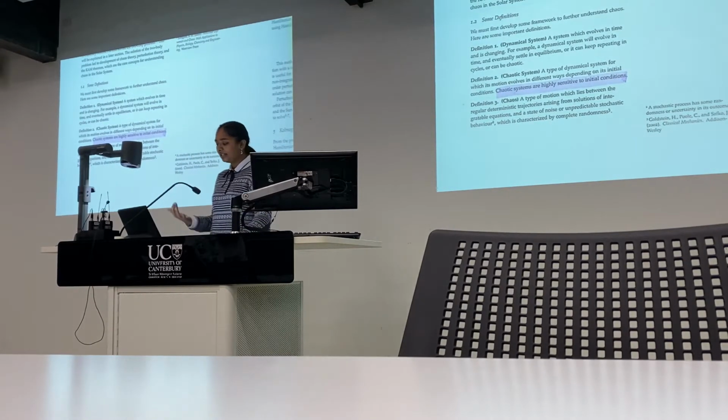What that basically means is that in this context chaos isn't completely random or unpredictable, nor is it deterministic. It's just a type of motion which lies in the middle of those two extreme ends.